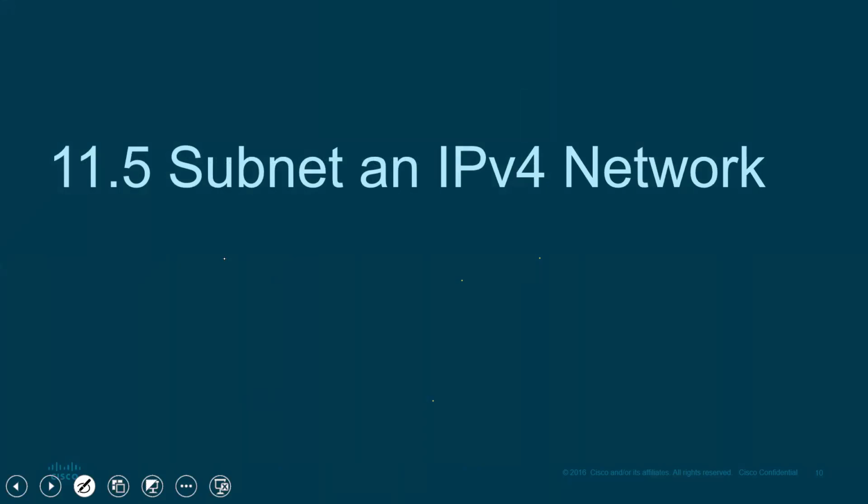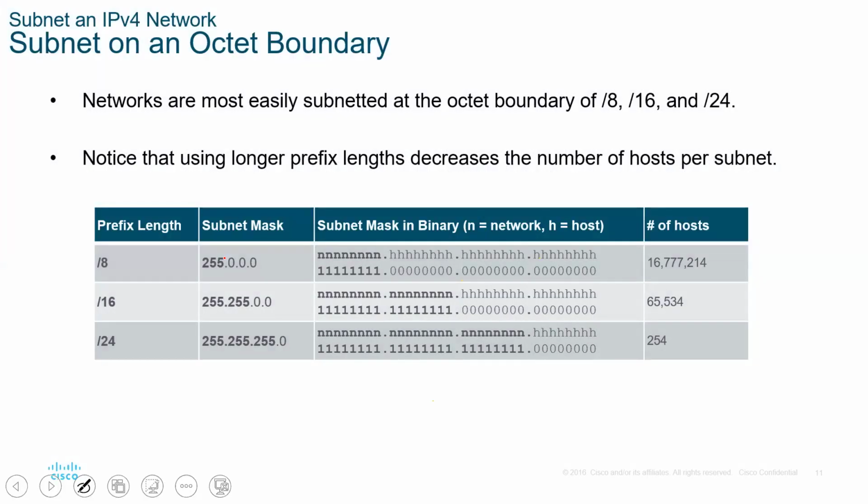Now, let's look at how to subnet an IP version 4 network. To understand the concept of subnetting, you need to understand the concept of binary. Networks are most easily subnetted at the octet boundary.